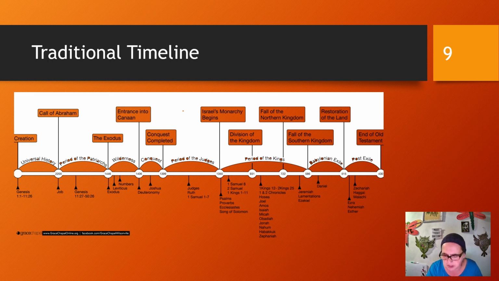The flood is about 2469 BCE, so that's year 1656 within the Hebrew calendar. The birth of Abraham is 2117 BCE, so it's 1948 for the Hebrew calendar. And the time of David is 1062 to 1022. And the temple era begins around that time, 1019 BCE, according to the traditional timeline.